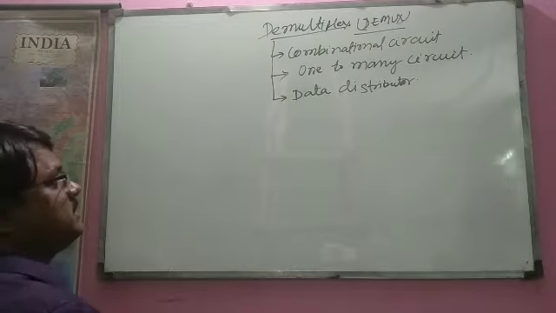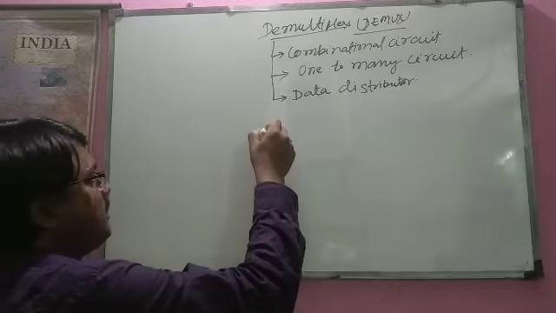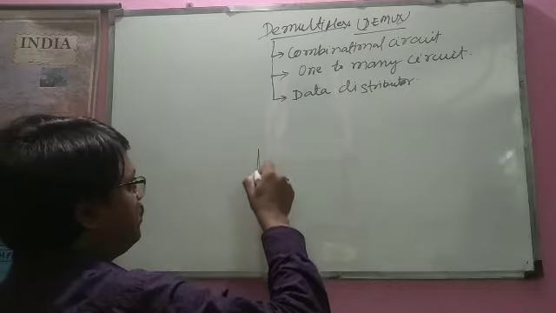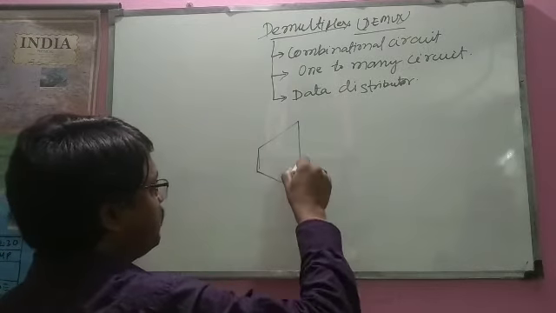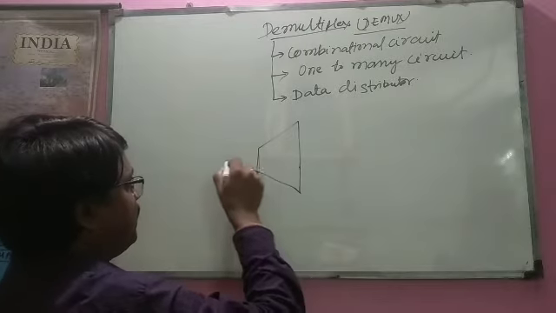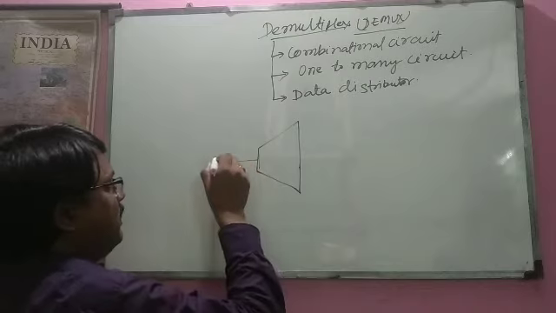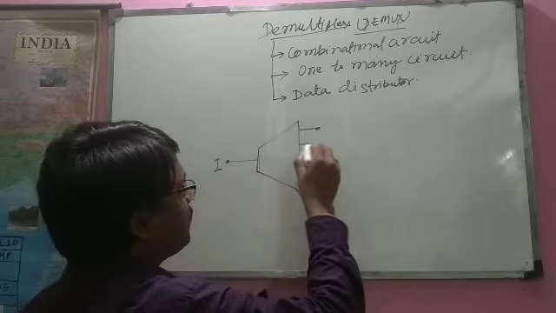So what is its symbol? Its symbol is opposite to the mux. There is only one input, and that is I, and there are many outputs.